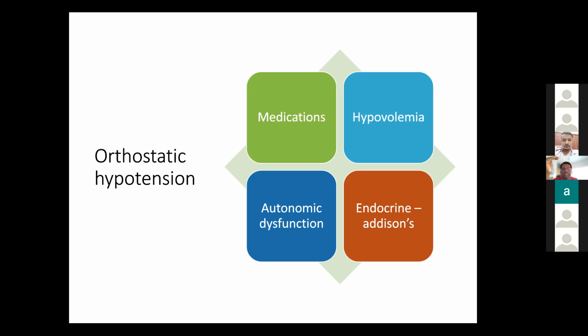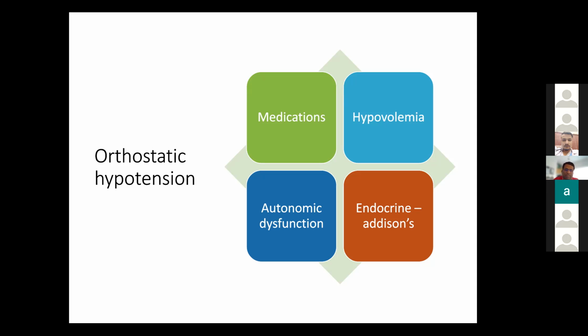You notice a fall of about 20 millimeters systolic, or 10 millimeters diastolic, or a total fall of systolic below 90. Delayed is when symptoms don't appear for the initial 3 minutes and start after 3 minutes of being upright, and you still diagnose orthostatic hypotension. So that is some clarity behind it.